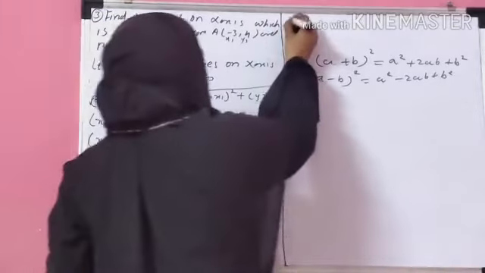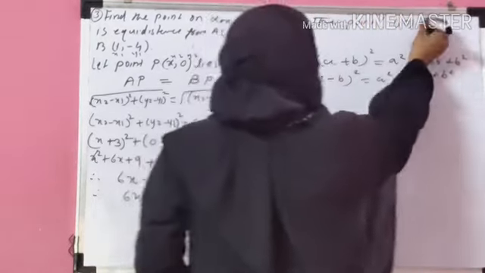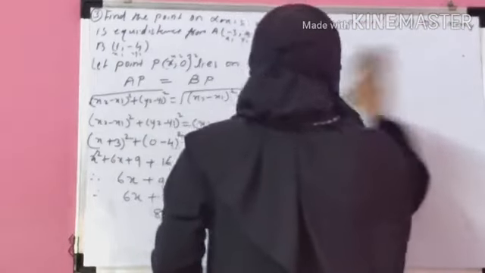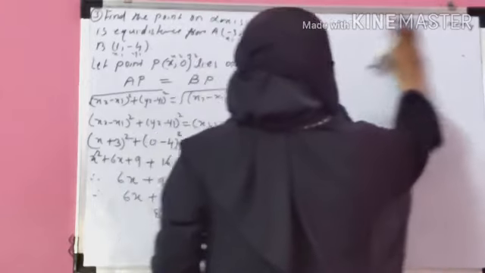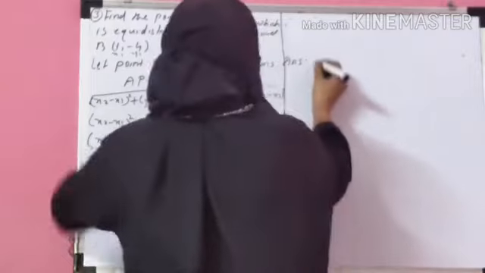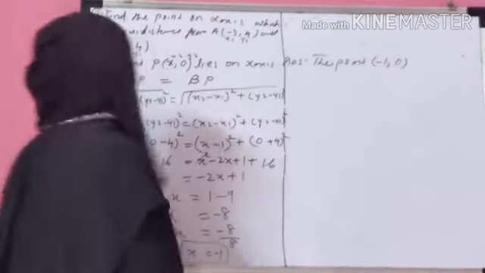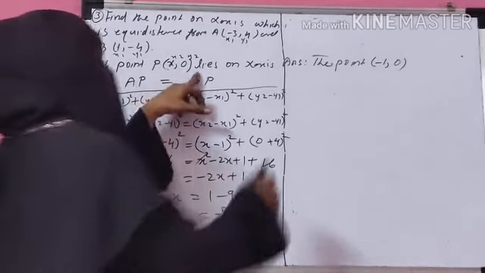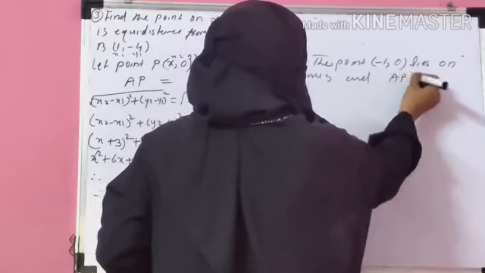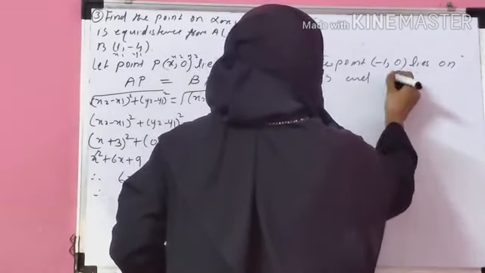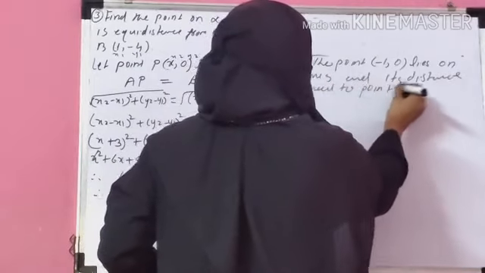Write here the answer: the point (minus 1, 0) lies on the x-axis and is equidistant from points A and B, so AP is equal to BP.